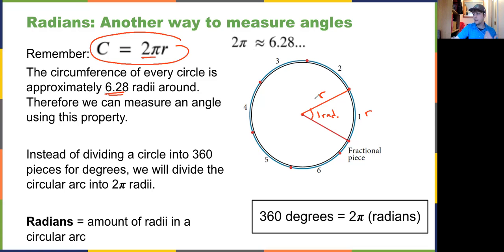And you can see that here, right? If I go from here, this is 1 radius, 2 radiuses, 3 radiuses, 4 radiuses, 5 radiuses, 6 radiuses, and then this little piece, which is that 0.28. And also half a circle, right?